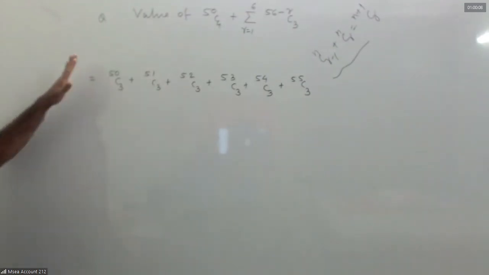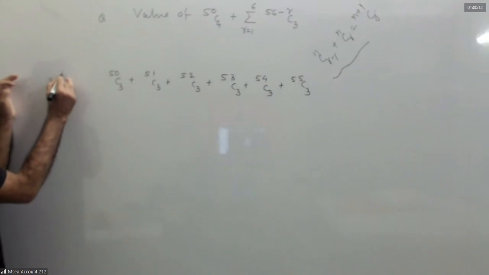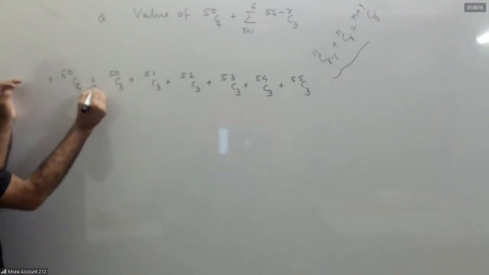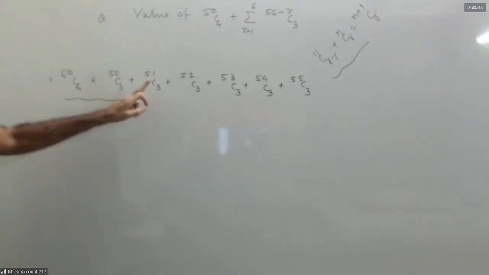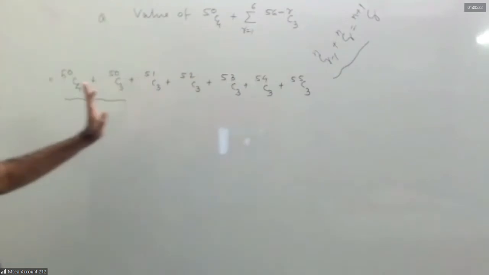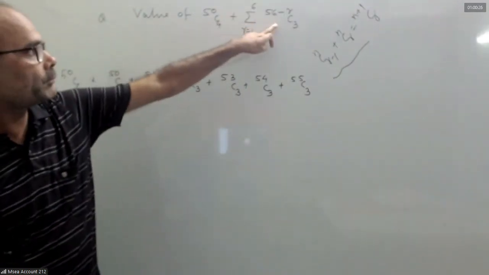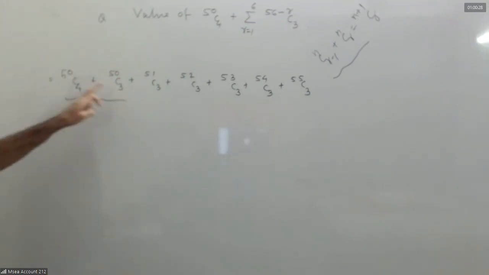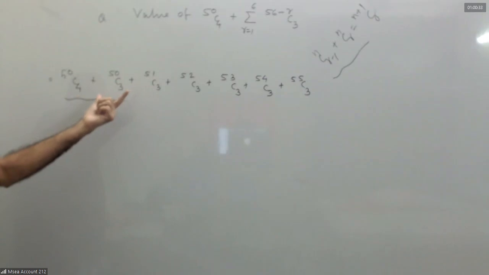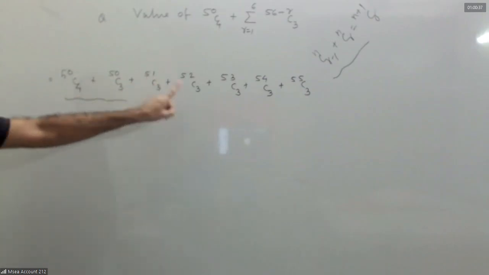This is the expansion. And what is the first term? 50C4. You understood what I wrote? This first term for r equal to 6 is 50C3, just merge these two terms. This will be 51C4. Again, we can merge this and this, 52C4.